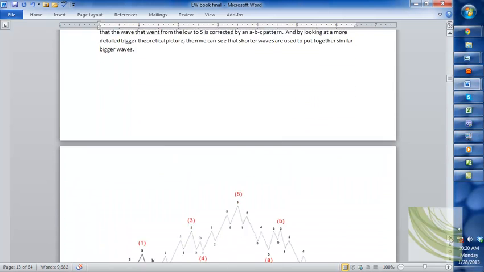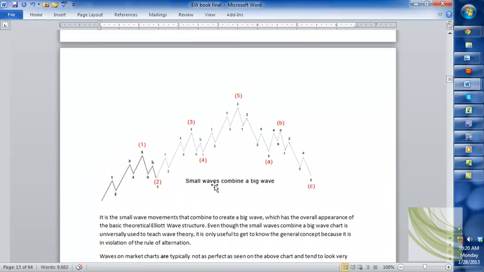Okay. Now here's something more about Elliott wave, and that is that they believe that basically the market moves in 3 steps forward, and then 2 steps back, and then 3 steps forward again, and then 2 steps back, and then 3 steps forward, and then 2 steps back, or if you're at the end of a move, then you start going 3 steps the other way and 2 steps back.